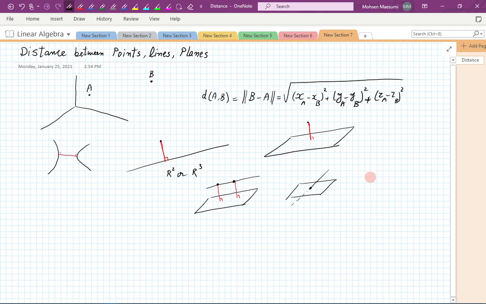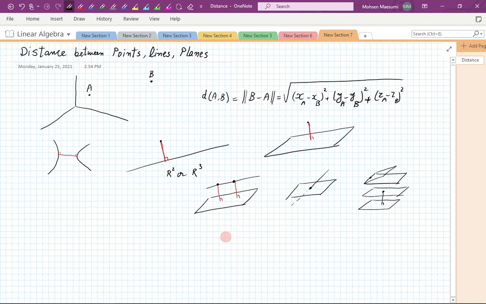Similarly, if you have two planes, well, if they are intersecting each other, the distance will be 0. The only case that's going to be non-trivial is what if they are parallel to each other. And again, you just consider a point here, and the distance of it from the second plane will be the distance of these two planes.